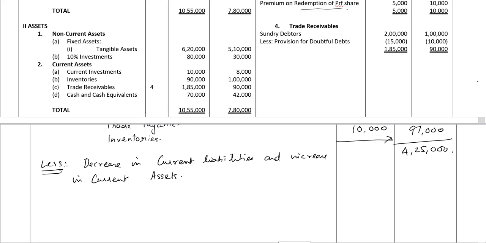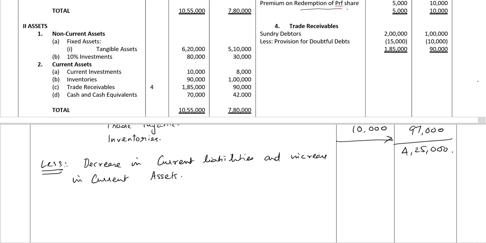Now, when dealing with trade receivables, we need to take the figures which is given against sundry debtors in the notes to accounts. We dealt with provision for doubtful debts separately. So when dealing with debtors, we need to take the amount before deduction of provision for doubtful debts.